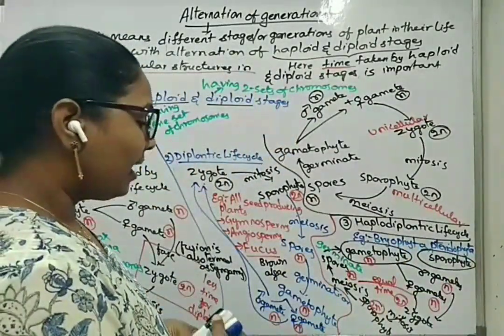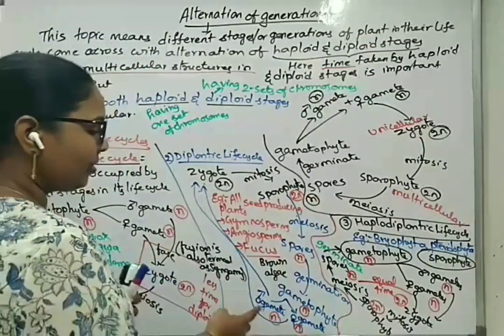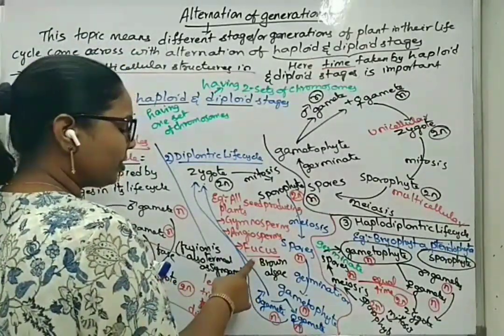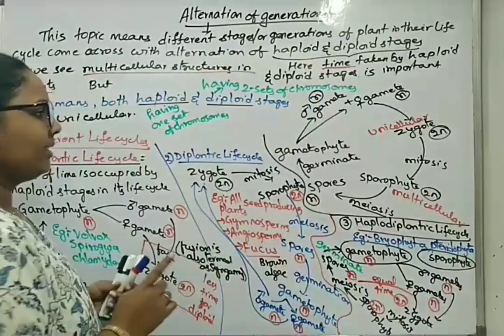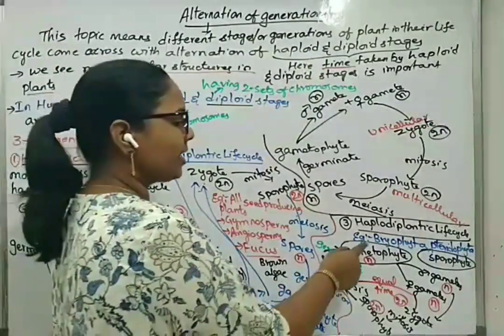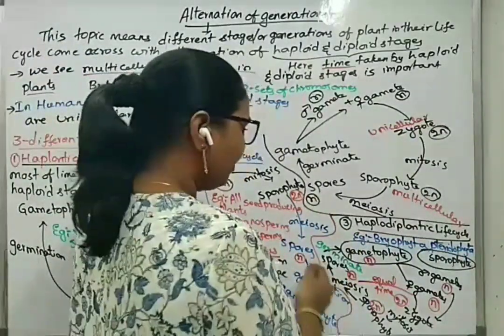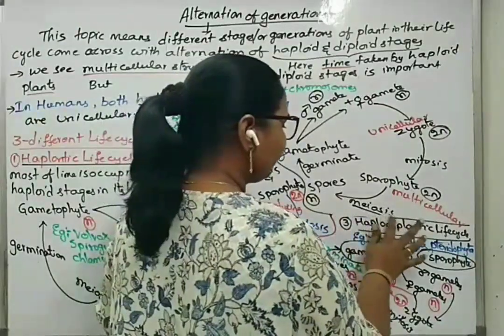There are some algae which exhibit unusual cycles. Just as Fucus, being an algae, shows a diplontic life cycle, there are some algae which show a haplontic life cycle.